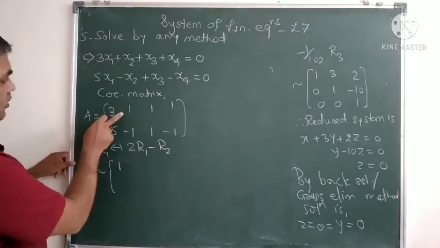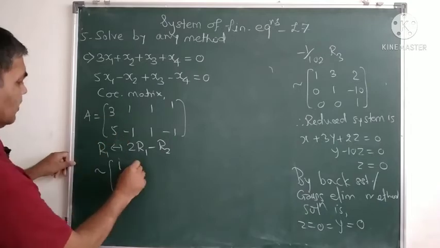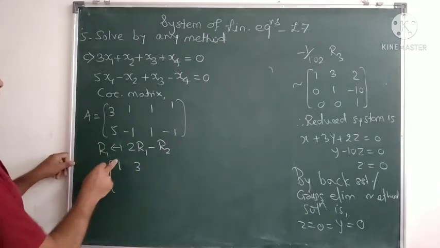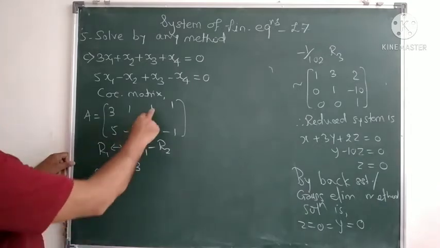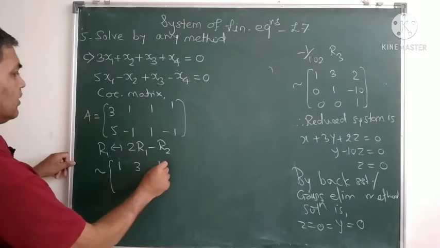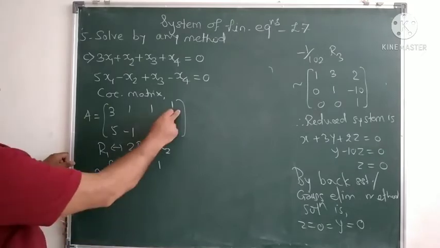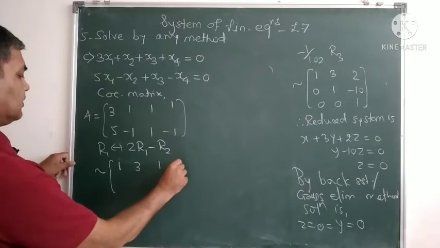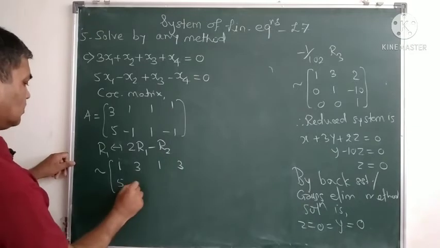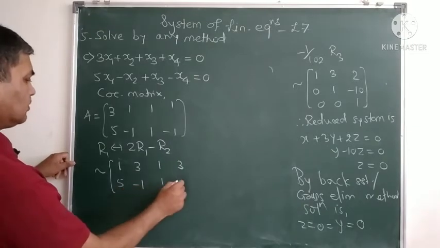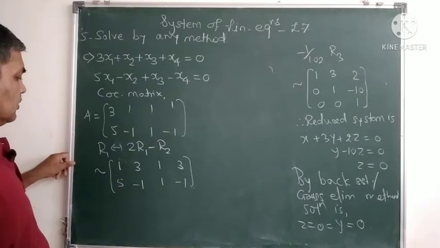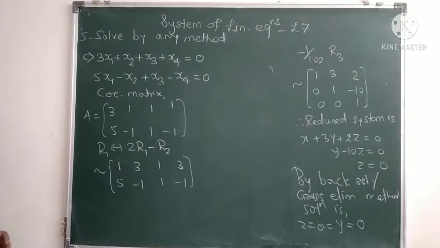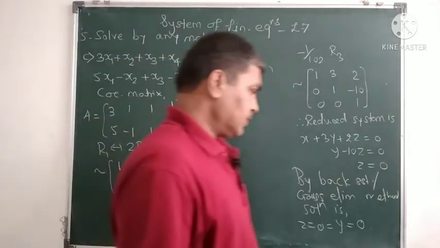Then 2 plus 1, 3. 2 plus 1, 3. 2 minus 1, 1. Then 2 plus 1, 3. 5 minus 1, 1 minus 1. Then applying the operations, which operations will apply here?